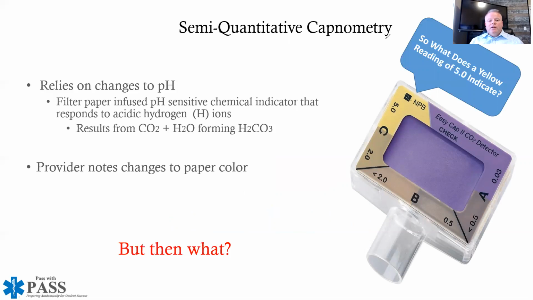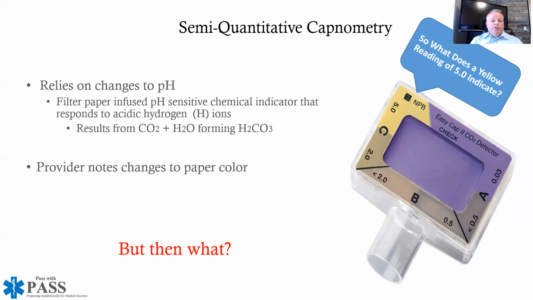All right, I'm going to spend a little bit of time here talking about semi-quantitative capnometry. I want to point out, again, not picking on anybody in particular, how does this thing work? The way that this works, and I've always said this, and it's true, but not really, so I am going to clear that up today.